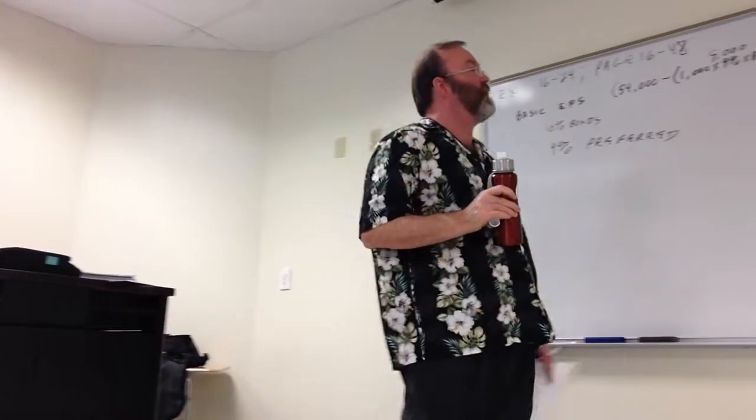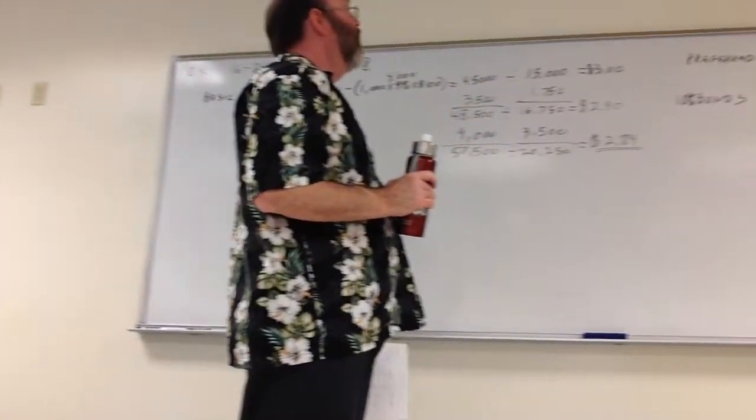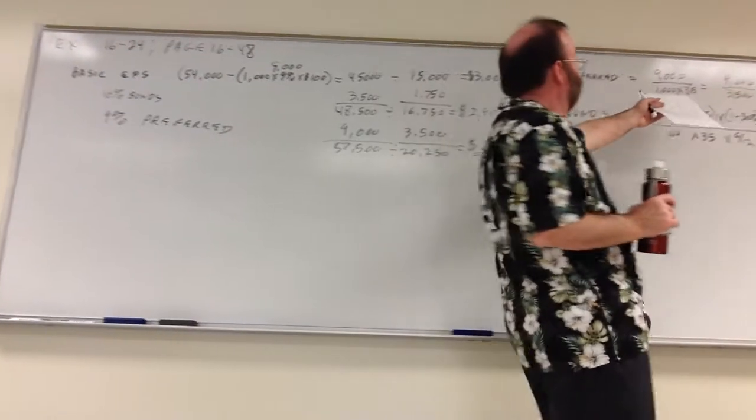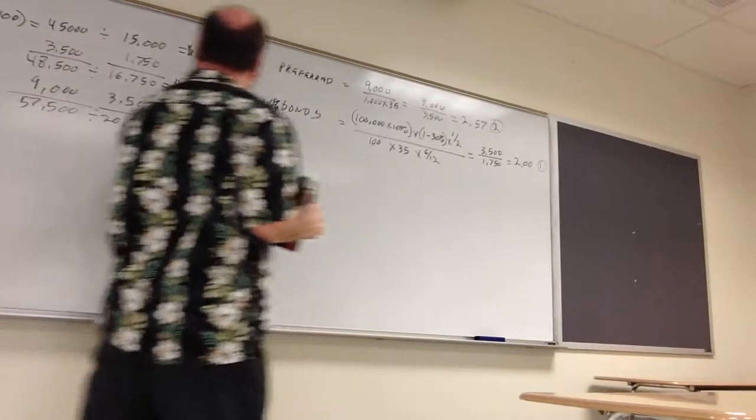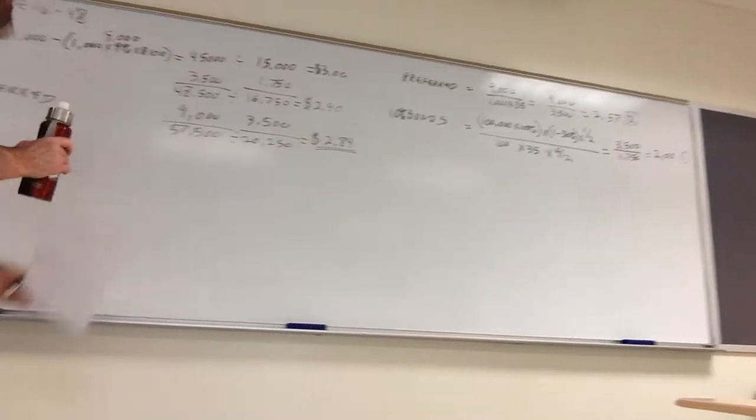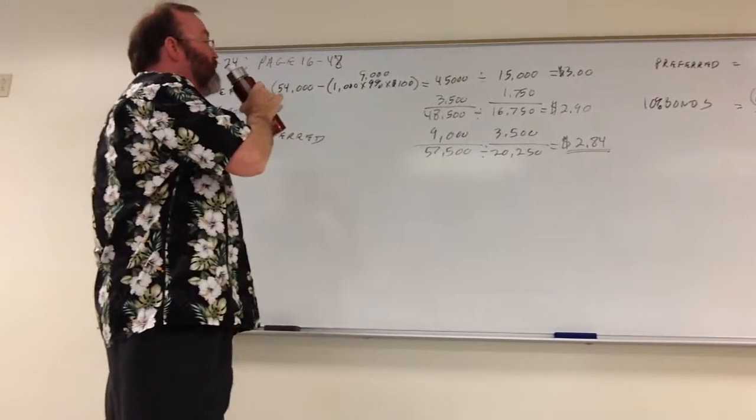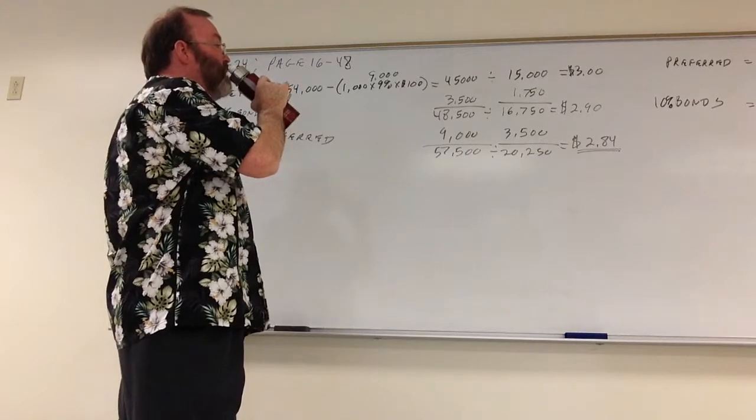I added 3,500, which is the preferred denominator, to the 16,750 where I was at the last end of the last calculation.